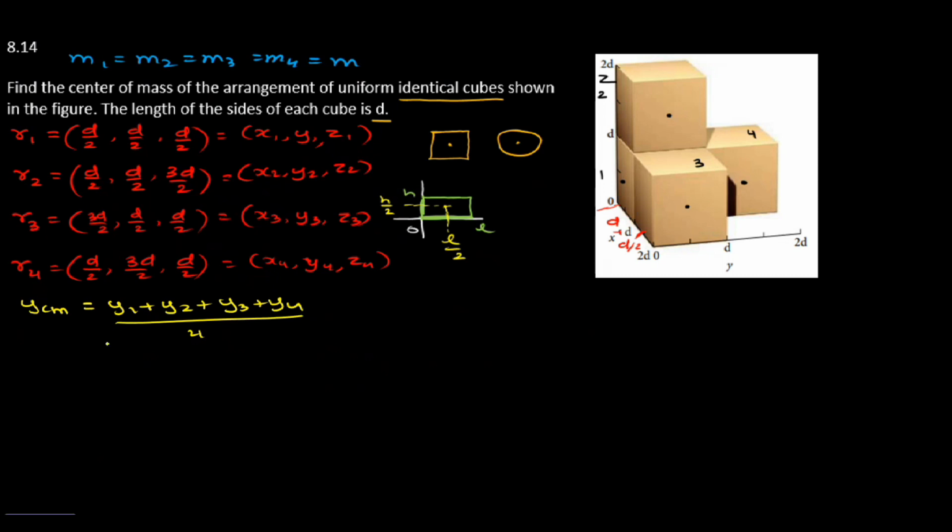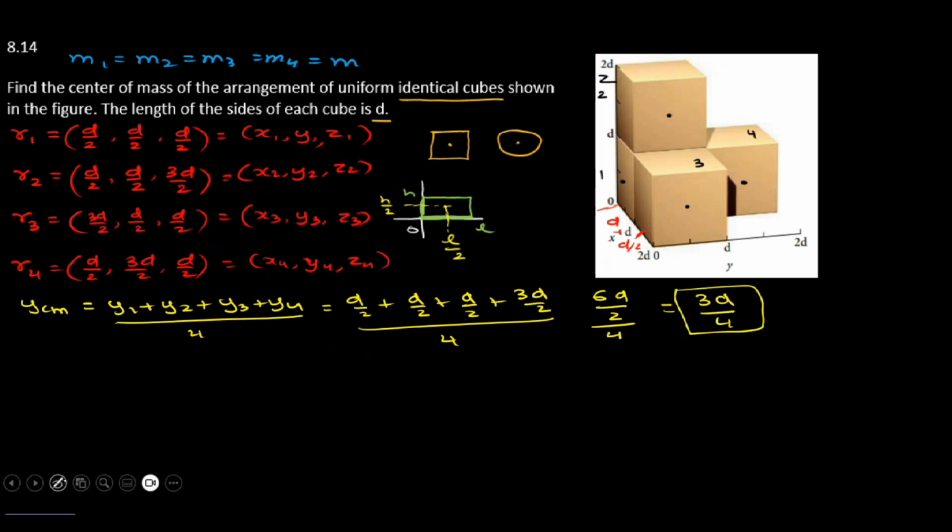And then we substitute: y1 is d by 2, plus y2 is d by 2, y3 also the same, y4 is 3d by 2, divided by 4. Again, when you solve them, d by 2 plus d by 2 plus d by 2 plus 3d by 2 will give me 6d by 2 over 4, which is 3d by 4.